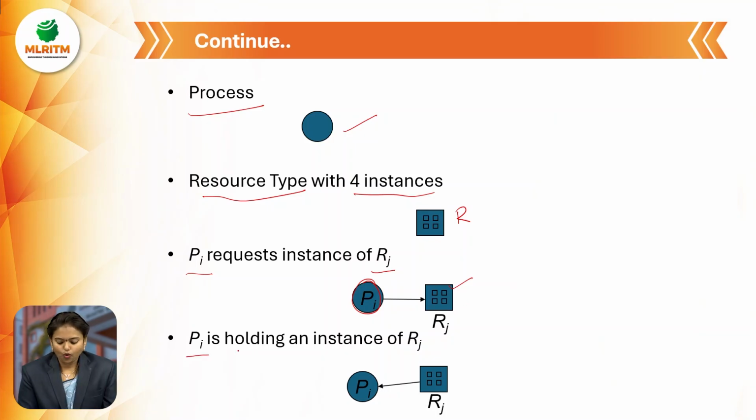Pi is holding an instance of Rj means one or multiple instances of resource type Rj are held by the process Pi.